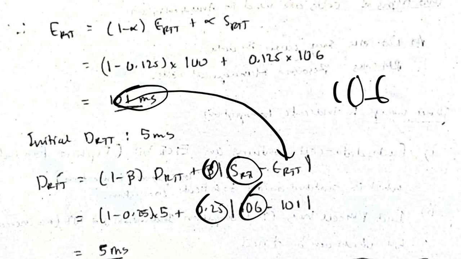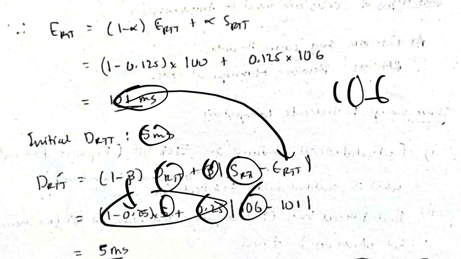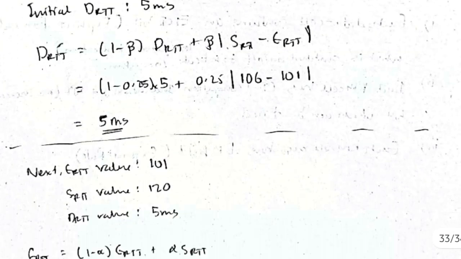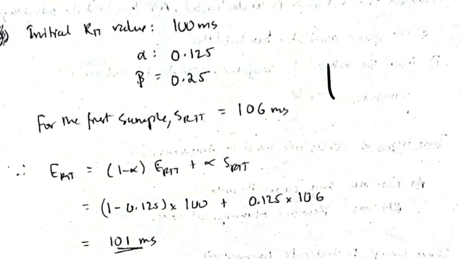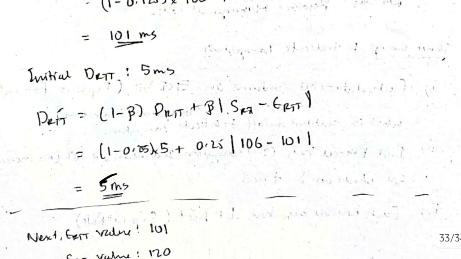Beta is 0.25, DRTT initially is 5, so we write 5 here, and substitute the value of beta and calculate the answer. Here we will get the answer as 5, so that's the DRTT value for the first sample. For the first sample which is 106, the ERTT value is 101 and DRTT value is 5.